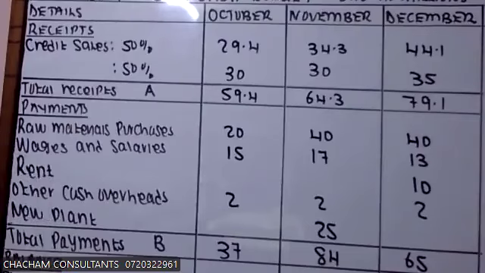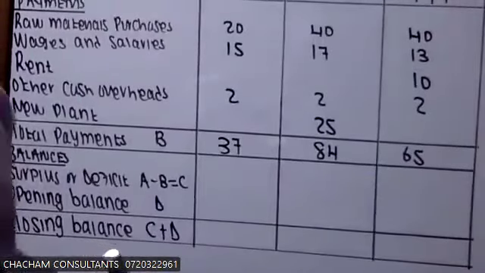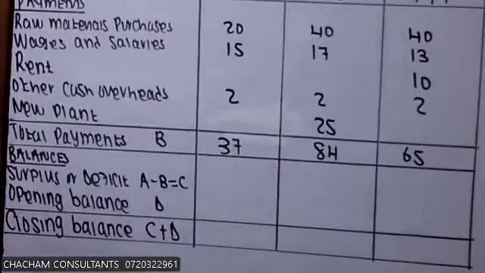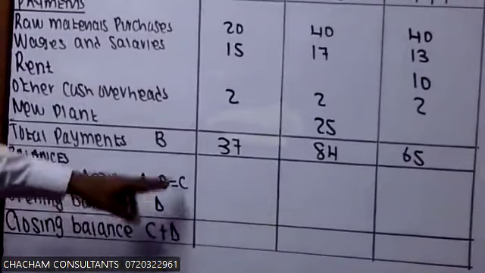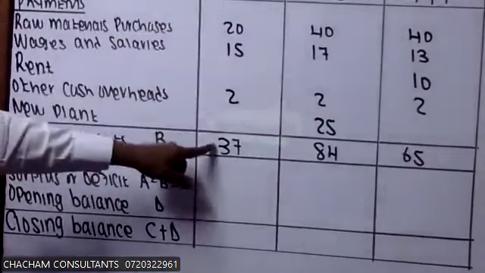Okay, so if it's confirmed, that's great. So now give me the surplus or the deficit. Take this 59, you minus this 37.